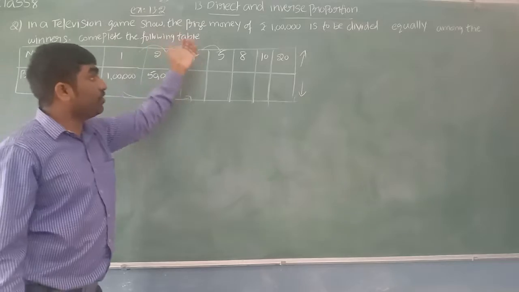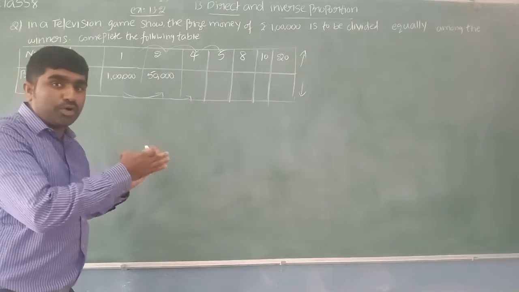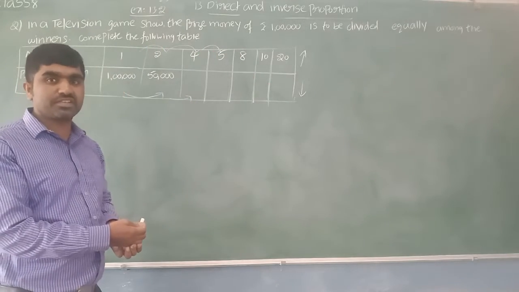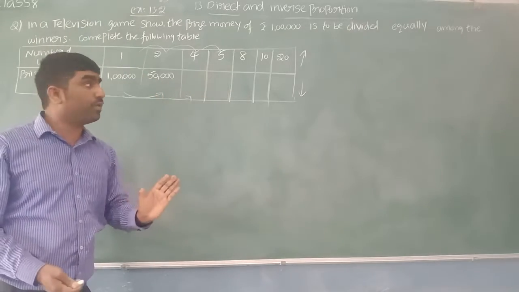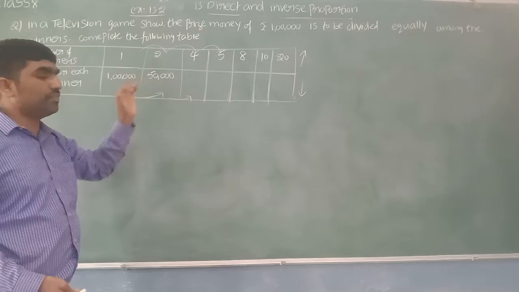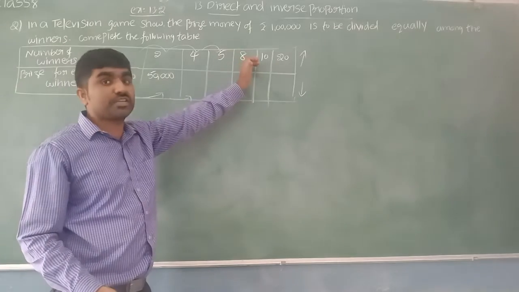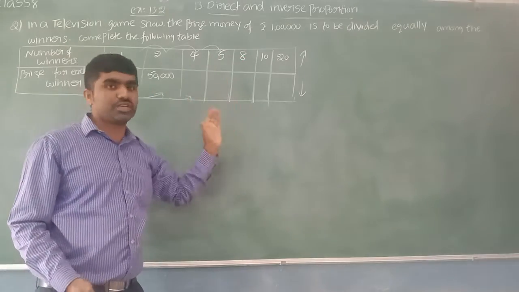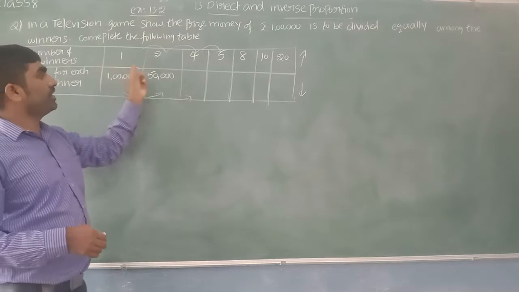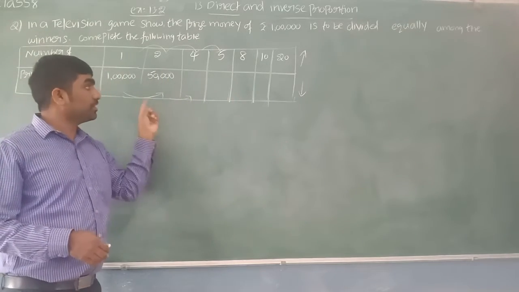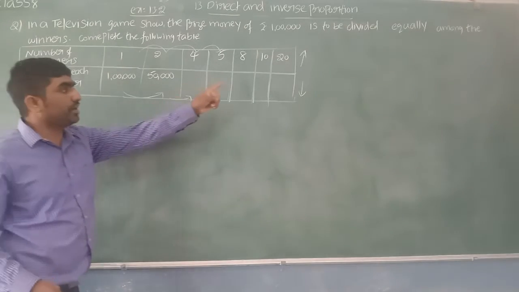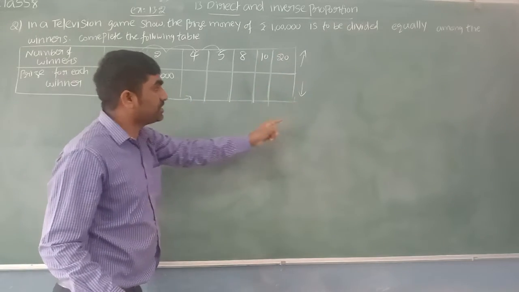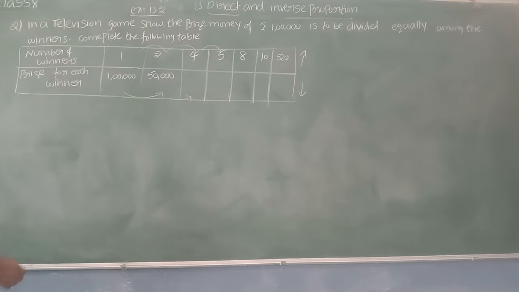So when the number of winners is increasing, the amount will decrease, because the same 1 lakh is to be divided into equal parts. 2 equal parts, 50,000. 8 equal parts, less than 50,000. Here we can confirm that when the number of winners is increasing, the prize money of each winner decreases. So when one quantity is increasing and the other quantity is decreasing, it is in inverse proportion.